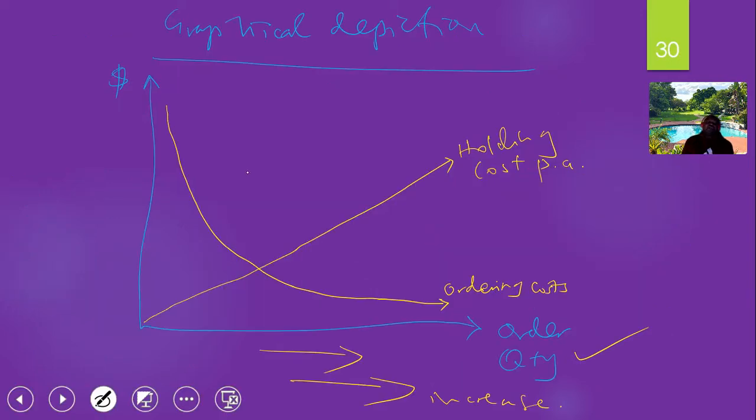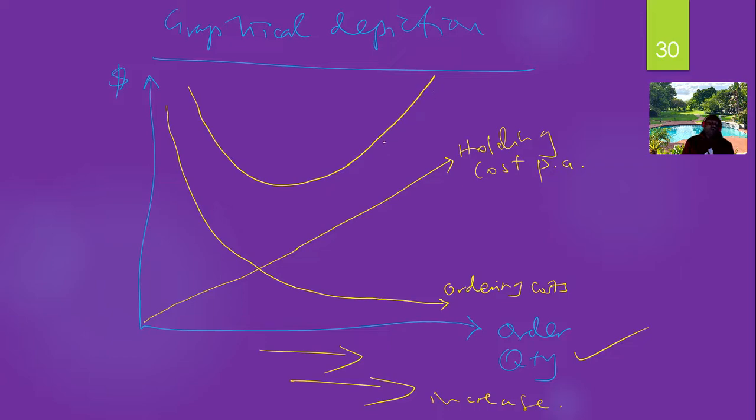That behavior is represented by this graph, where at some point the price will be at a minimum but then tend to increase again. That's the total cost graph, total inventory costs. So which one now is the optimum order size?